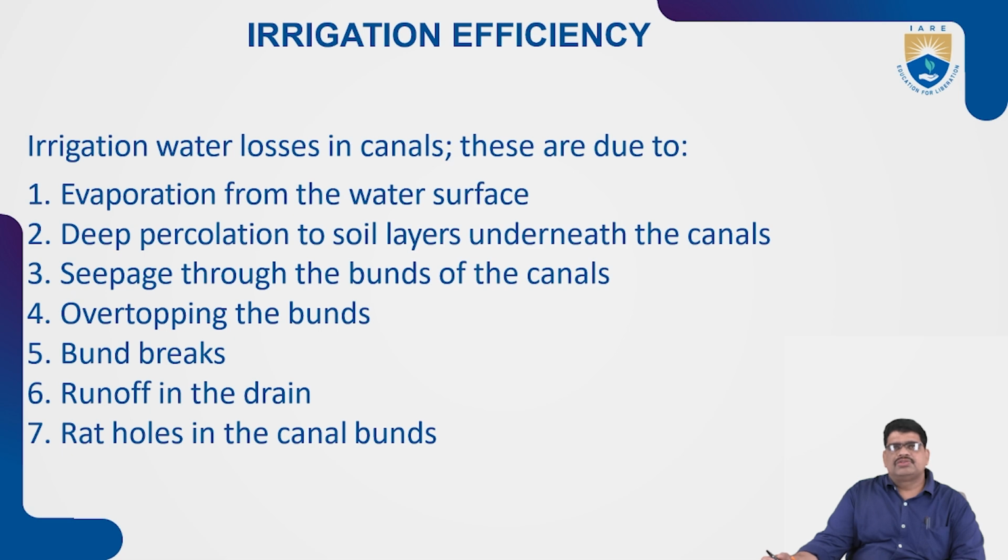Next, deep percolation to soil layers underneath the canals, seepage through the bunds of the canals, overtopping of bunds and bund breaks, runoff in the drainages, and rat holes in the canals. These are some of the water losses, and they can be rectified.